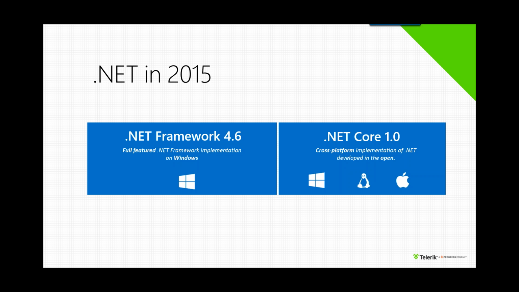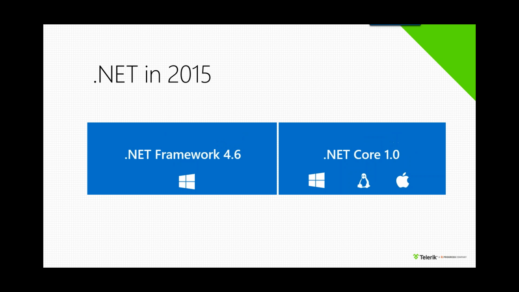Notice the icons there. .NET Framework 4.6 is Windows only. Whereas if I want to run my application on a Windows machine, or on a Linux machine, or on an OS X Macintosh, that's when you go and choose your runtime to be .NET Core 1.0, right? So that's what this means. So there you go.